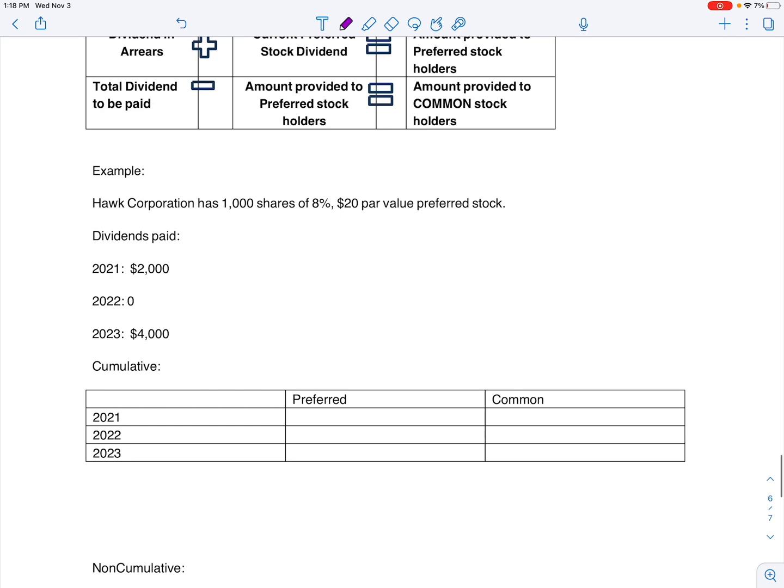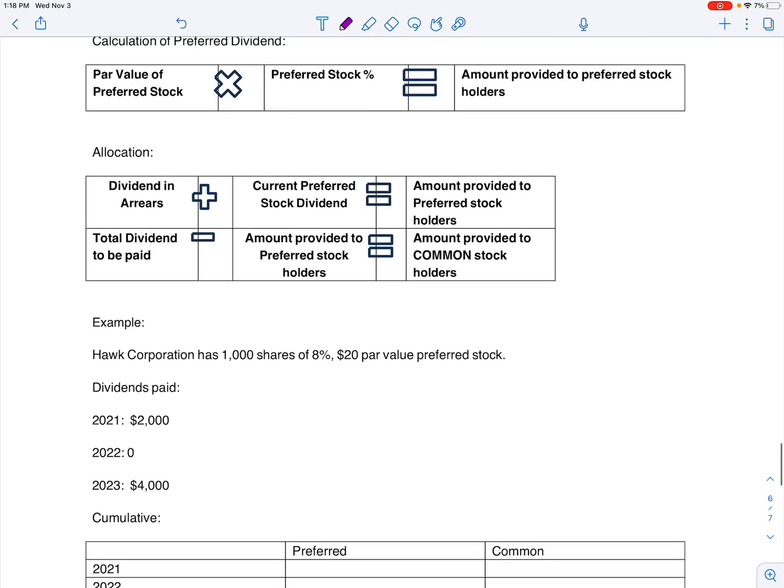So if Hawk Corporation has 1,000 shares of 8% $20 par value preferred stock, the amount of dividends that those preferred stockholders get if dividends are paid are going to be 1,000 times 8% times 20, or $1,600.